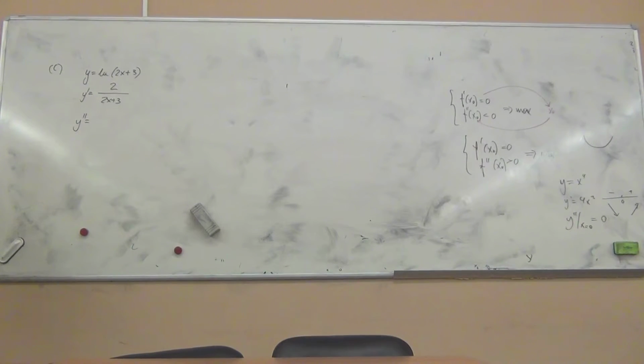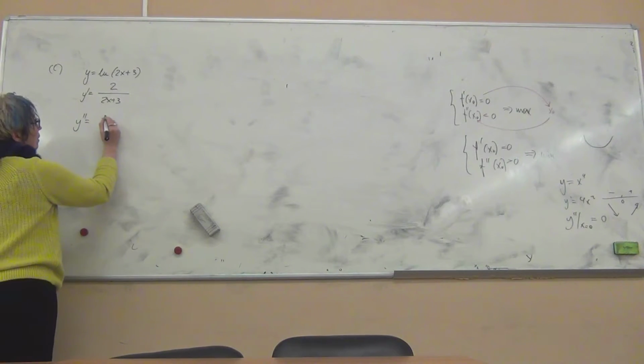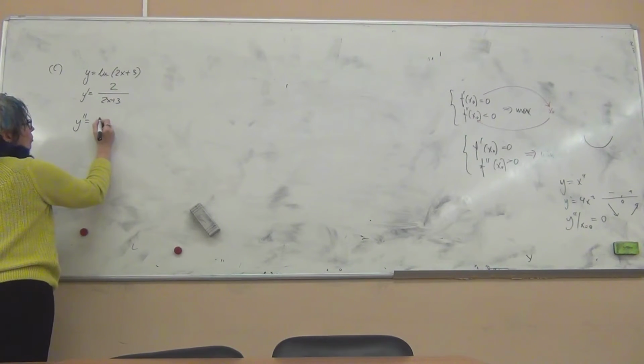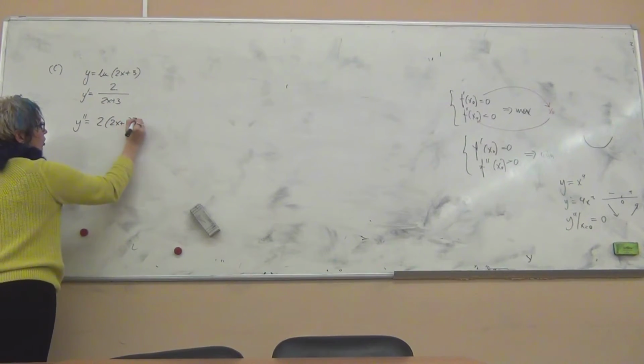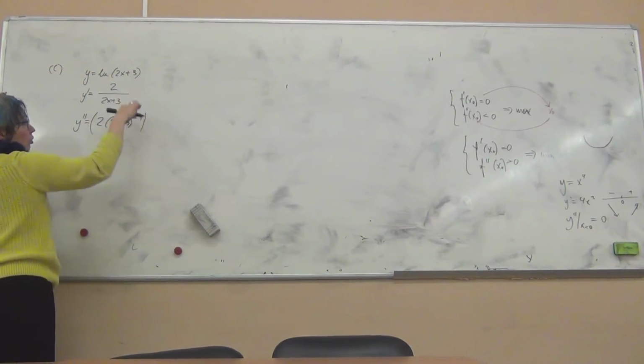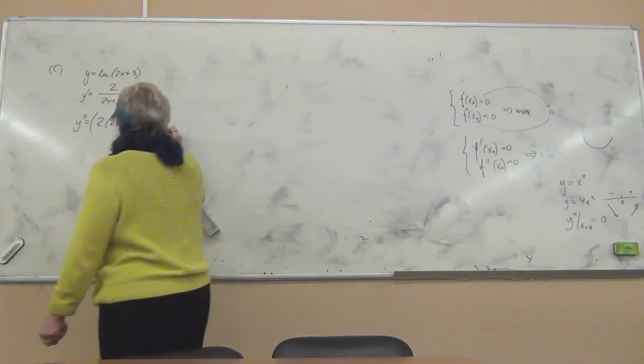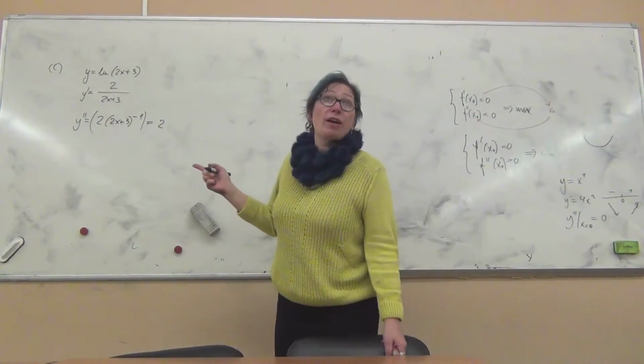Alright, now the second derivative. We can apply the chain rule again, or we can apply the quotient rule. It's 4 over this thing squared. No, it's actually minus 4 over. Alright, so we can think of this in terms of the chain rule, because this function is actually this to be derived. So 2 is the constant factor in front.